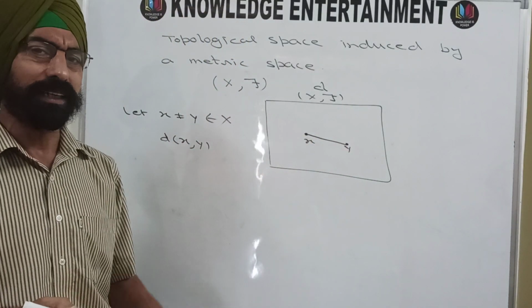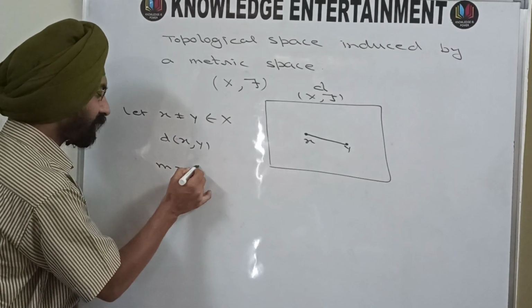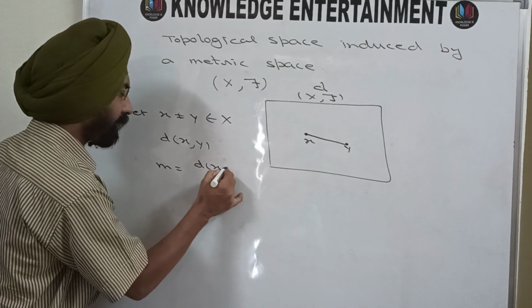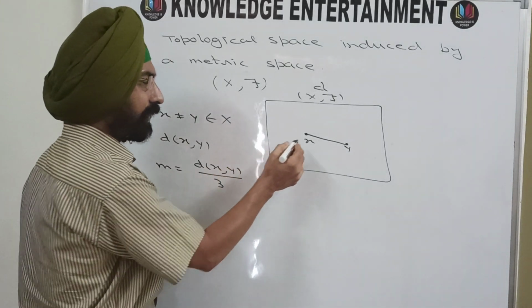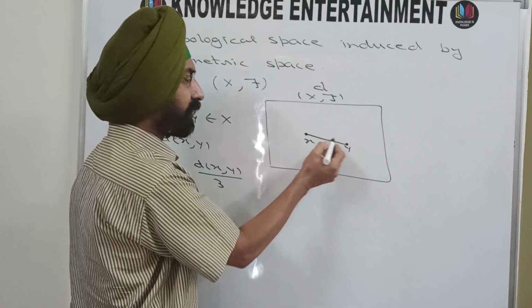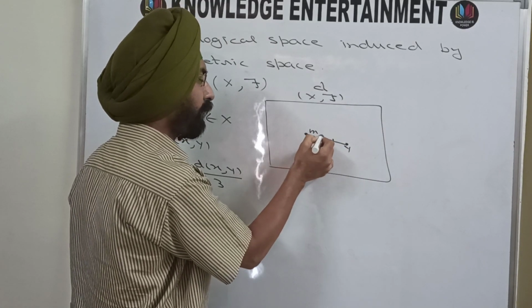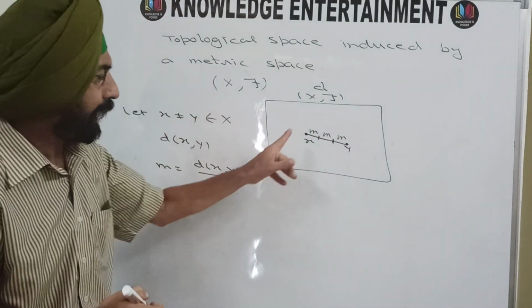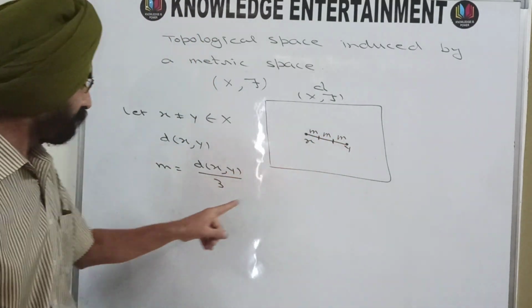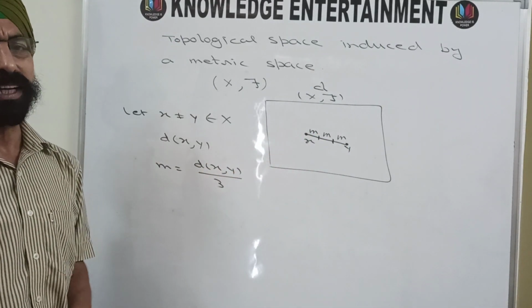Now take your m as dxy by 3. That means I have trisected this distance. This is your m, this is your m, this is your m. M plus m plus m, 3m. And your 3m is actually dxy, the distance between x and y.